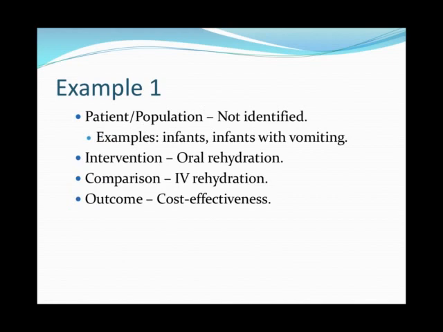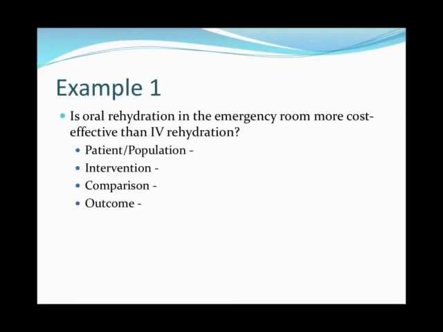In this one, it was not identified. They just kind of said patients in general rather than saying a specific type of patient. So maybe they could have said, is oral rehydration in the emergency room more cost effective than IV rehydration in infants, or in infants with vomiting, possibly?